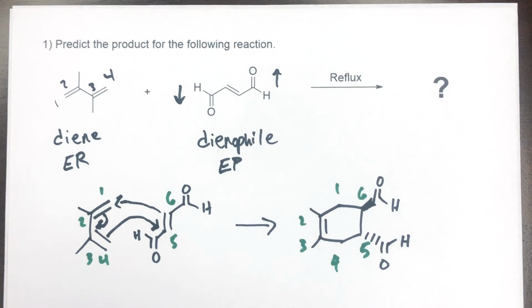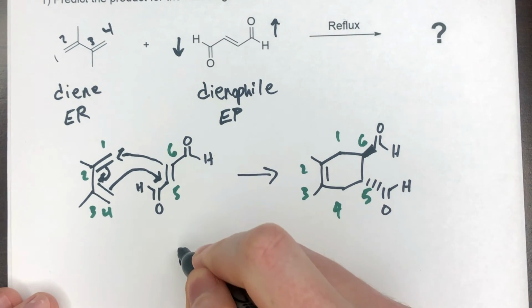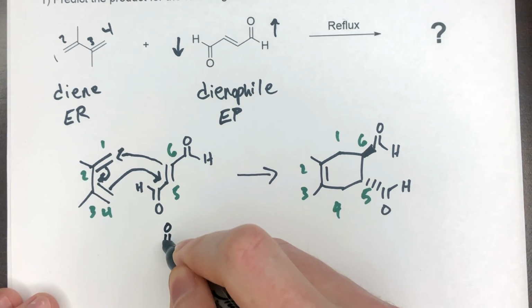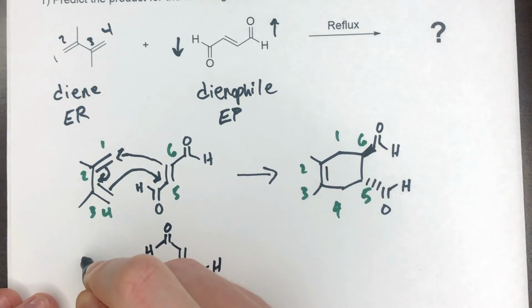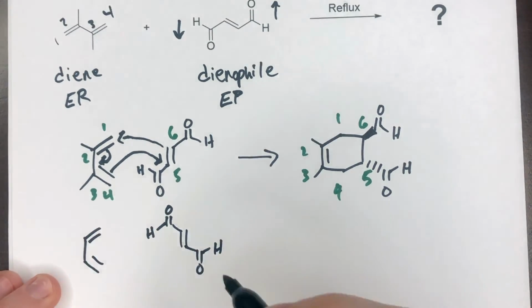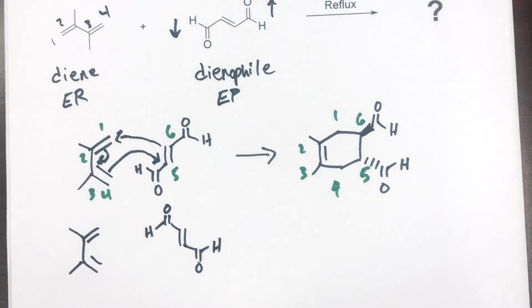But you may be wondering, why does this approach matter? Why couldn't it be the other way? So what I mean is, why couldn't the aldehyde be like this? Right, and then I'll redraw the diene because that is unchanged. And there's no preference for one of these over the other.